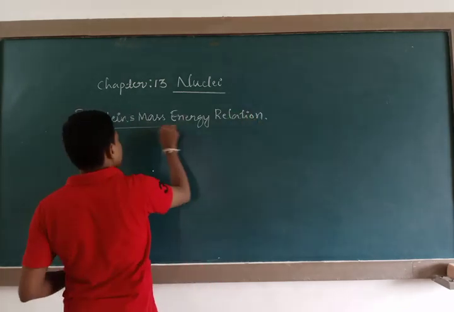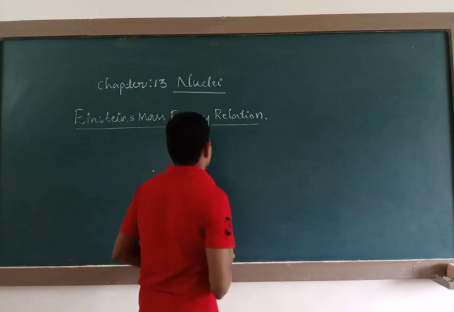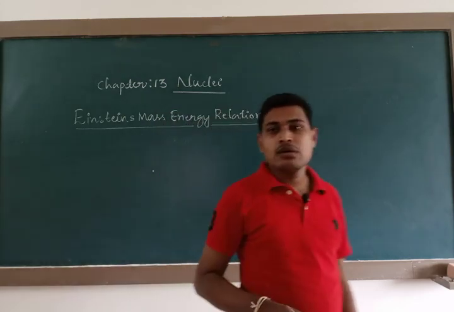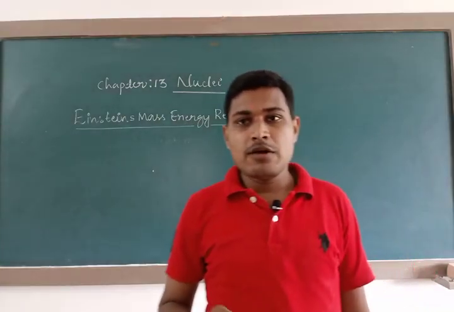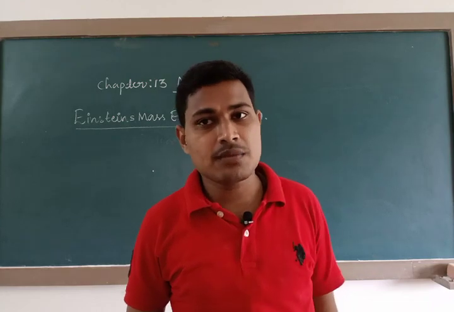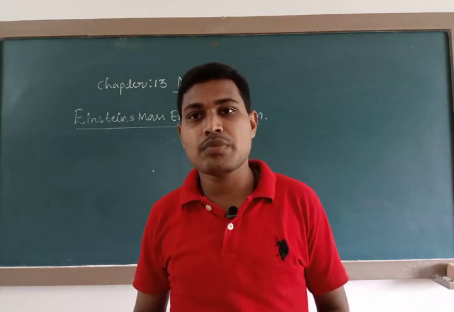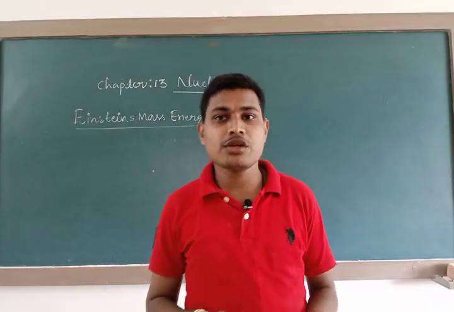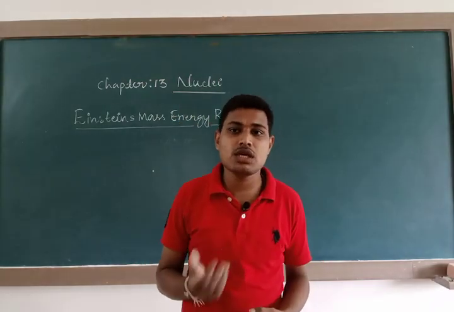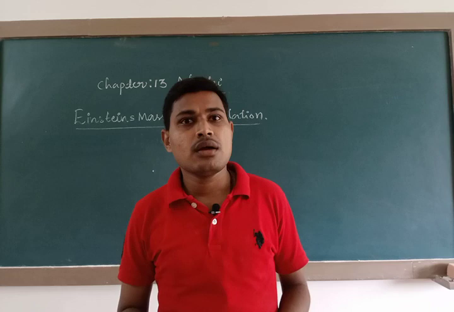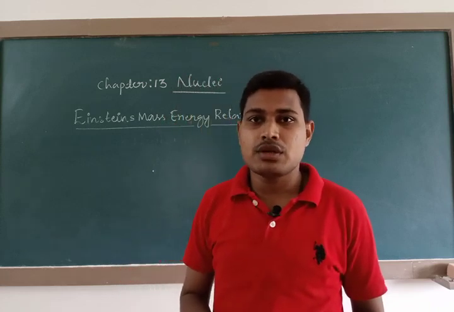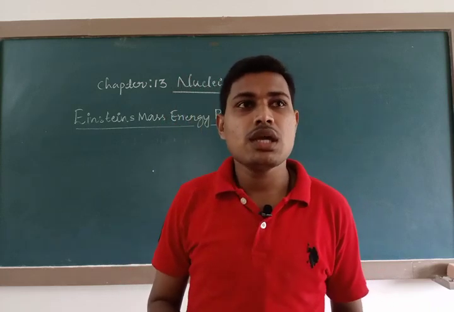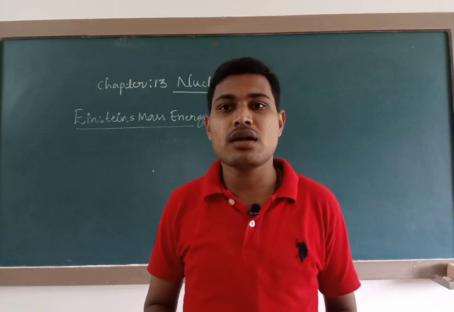So what we are going to discuss in this topic is, from the special theory of relativity, Albert Einstein proposed one equation, and that equation relates energy as well as mass. According to this equation, energy and mass are interconvertible.